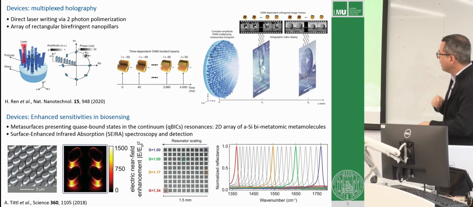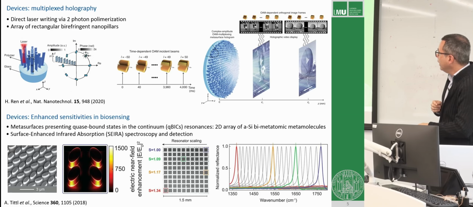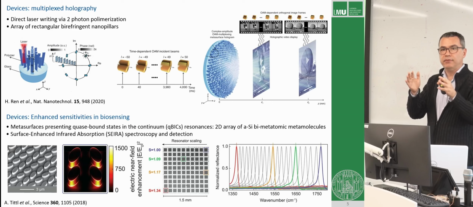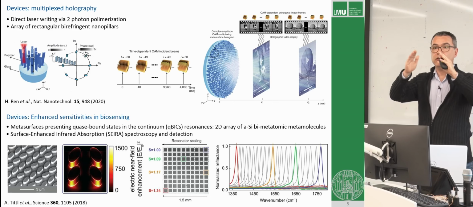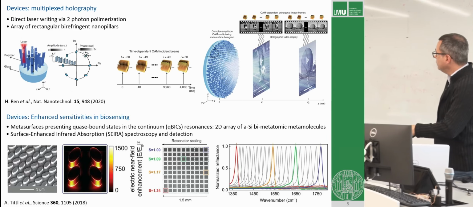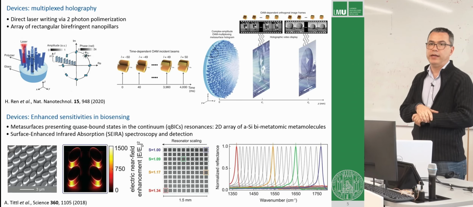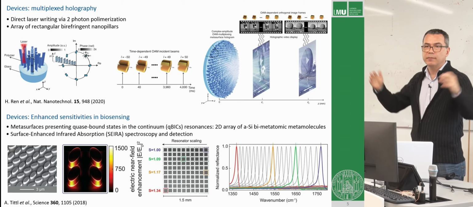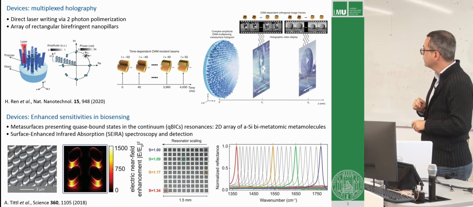This means that if now I have a pixelated metasurface, where each row has a different scale factor, and each column has a different tilt angle, you can tune these resonances across a huge spectral range, where many molecules of biological interest or pharmacological interest have their infrared absorption fingerprints.